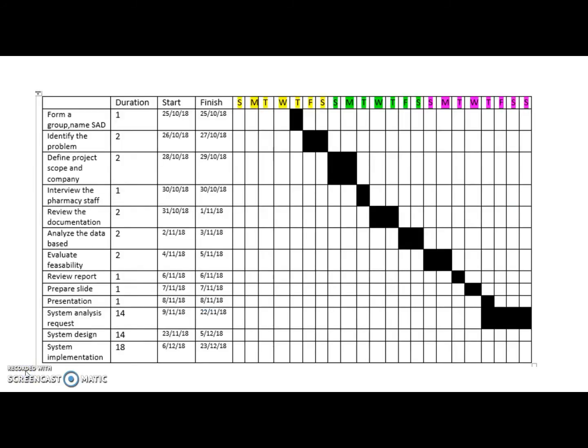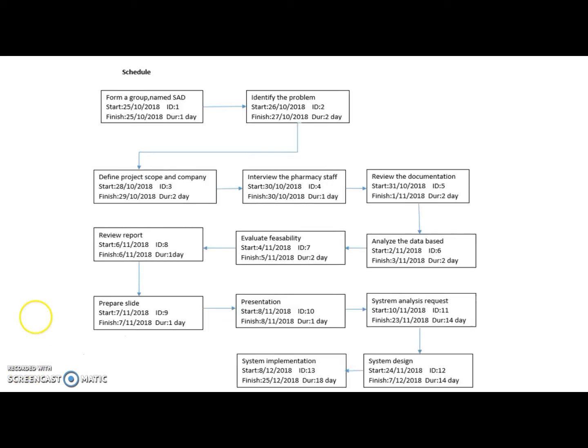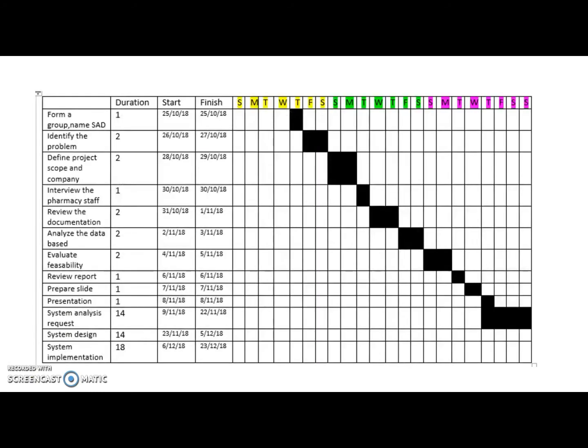And this is our current chart. And this is the network one, so I'm going to explain. We started from a recruit names, duration 1 day, starting 25 October 2018. And next we identify the problem.